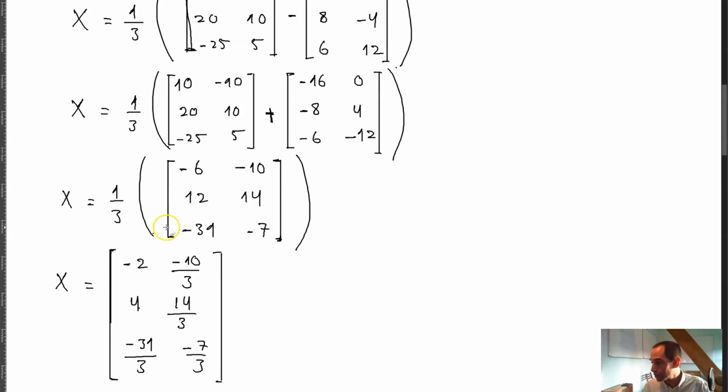So the matrix becomes negative 2, negative 10/3, 4, 14/3, negative 31/3, negative 7/3. That is the correct answer.